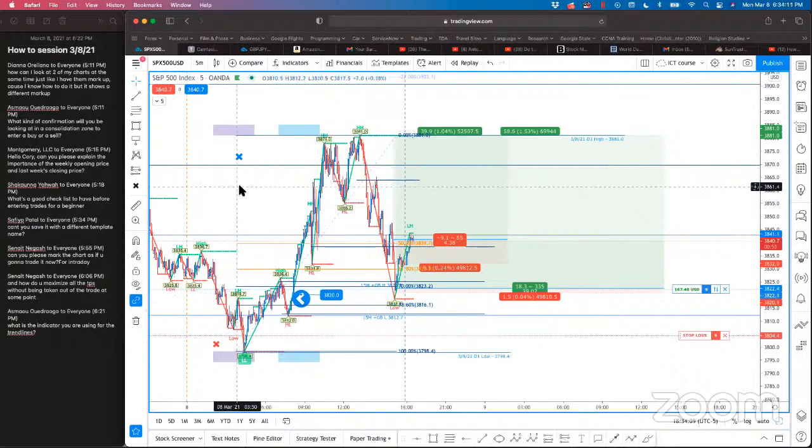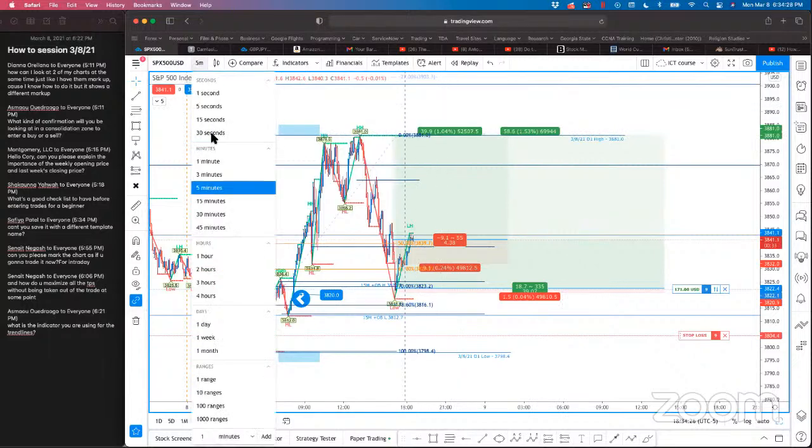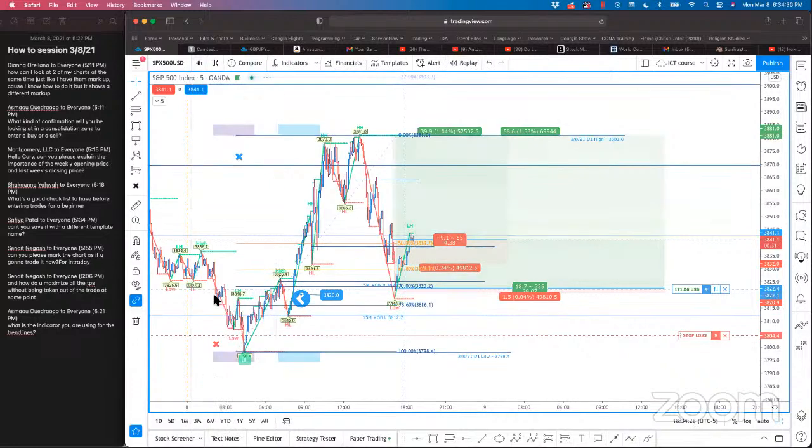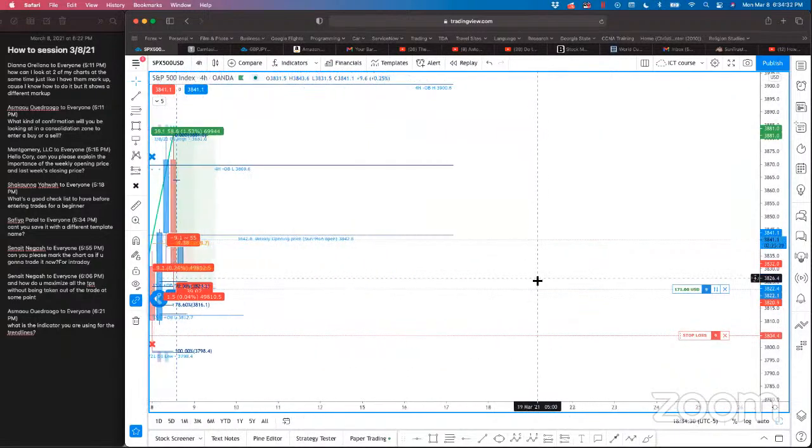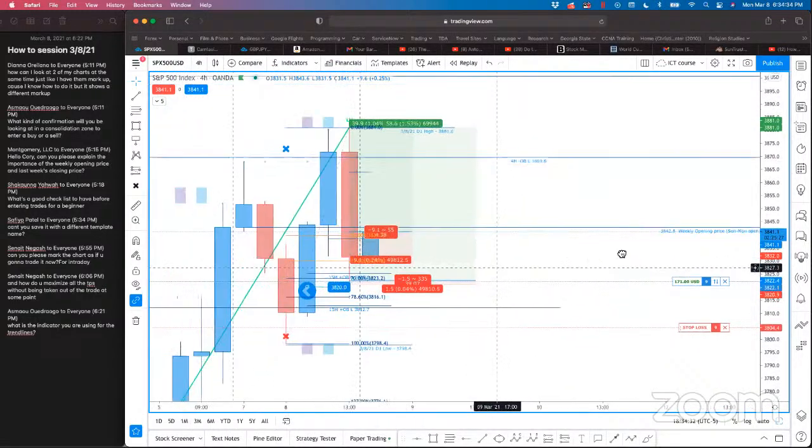Is there a specific time you check the market? The time that I check the markets, there's certain times, right? I typically trade during New York session, and I'm looking for 3 candles specifically.